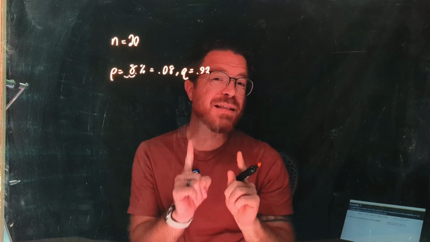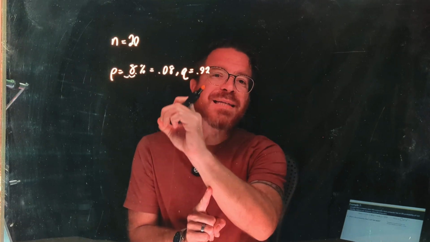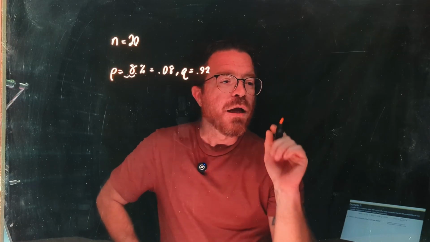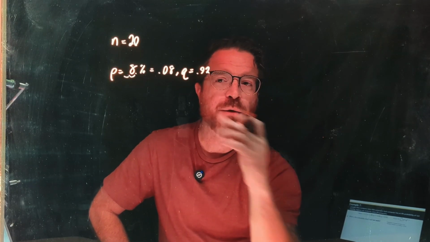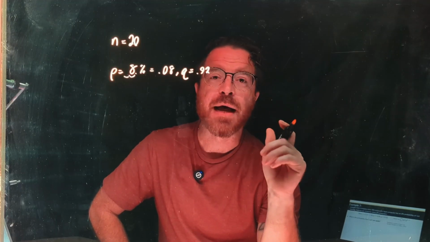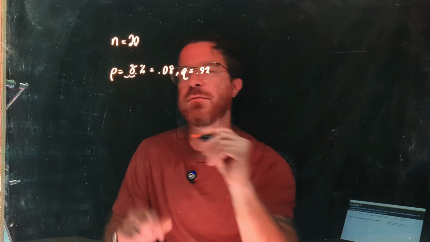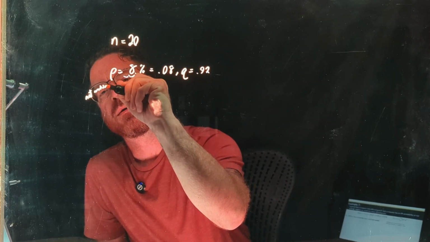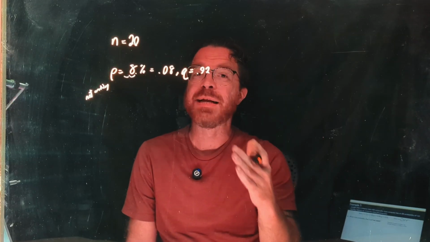Okay, so now here's the thing you have to be very careful about with a problem like this. What does P, our probability of success, represent? If you read the problem, it says each computer has an 8%, or 0.08, probability of not working. So this is the probability of not working. The first problem asks us, what is the probability that 5 will not work?